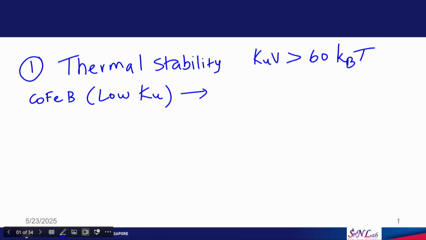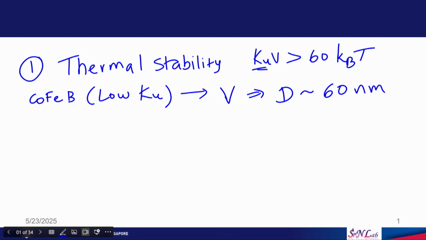Since Ku is not high, the volume has to be larger to compensate for this kBT. So, the smallest volume will indicate that the diameter of the smallest device can only be around 60 nanometer.